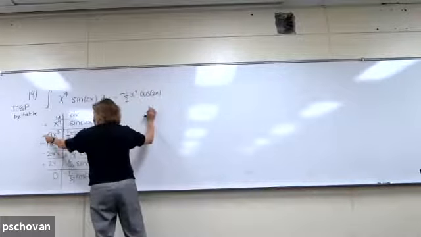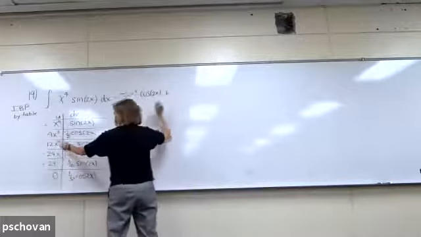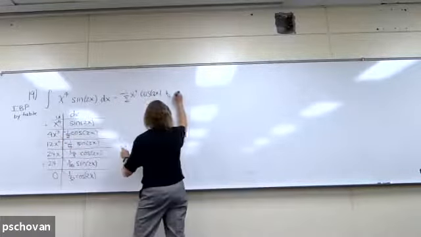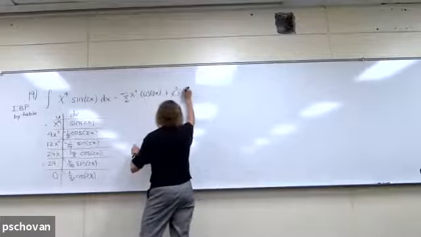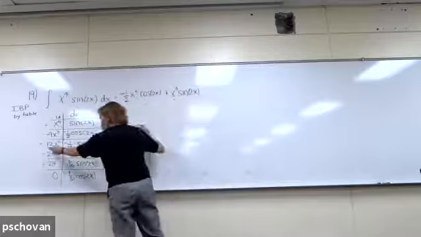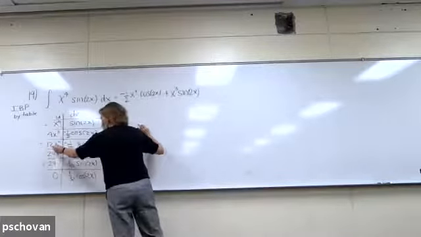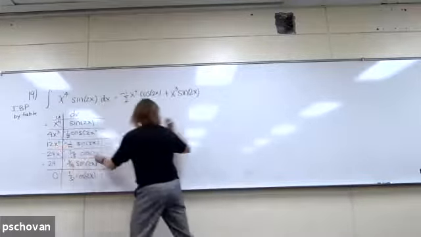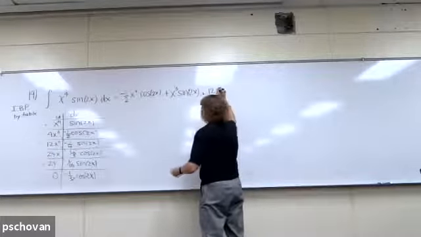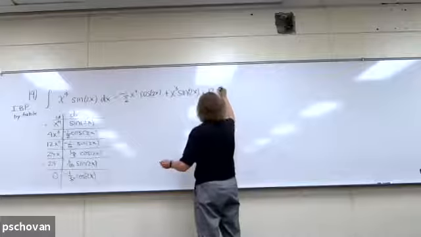Change the sign gives me a minus, gives me a plus. The 4 times the 1/4 gives me a 1, x cubed sine of 2x. Next one, keep the sign. I get 12/8 x squared cosine of 2x. I'm too lazy to reduce. What did I say, x squared, didn't I?